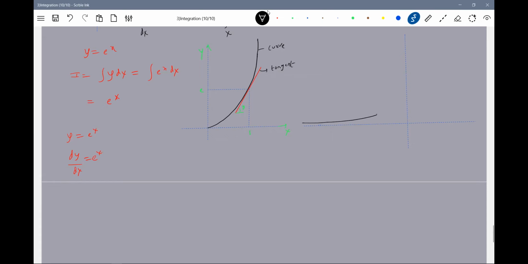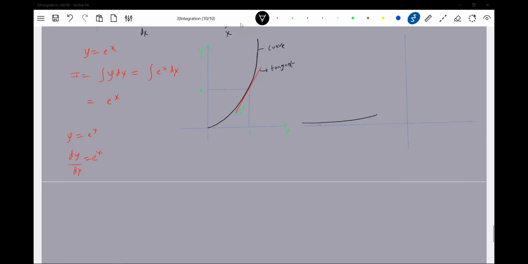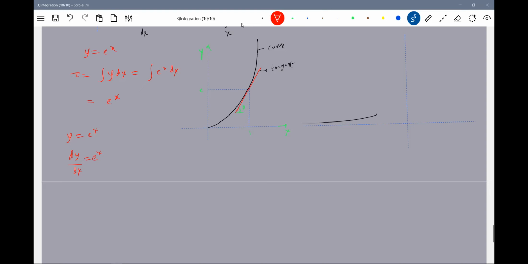Area under the curve. What do you mean by x equal to minus infinity? What is the value of y when x equal to minus infinity? y equal to e to the power of minus infinity.